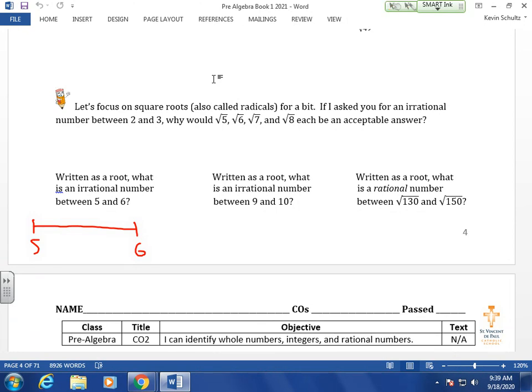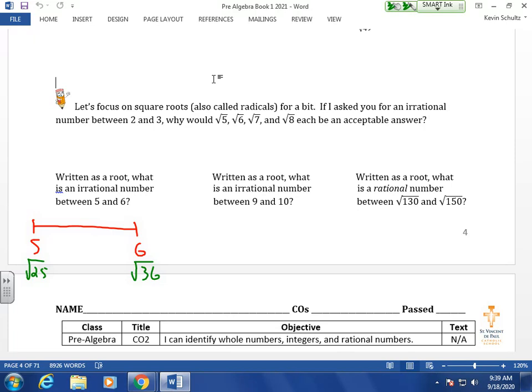We already talked about that the root of 25 is equal to 5, because 5 times 5 equals 25. What is the value of 6 using a root? The square root of what number equals 6? 36.